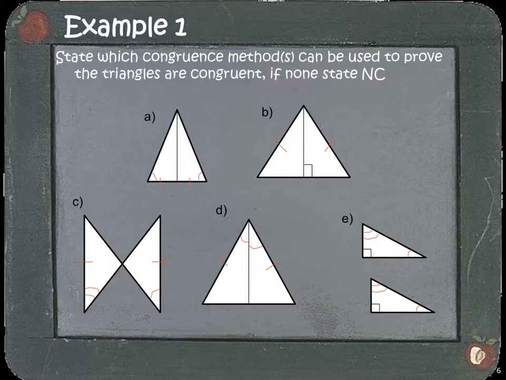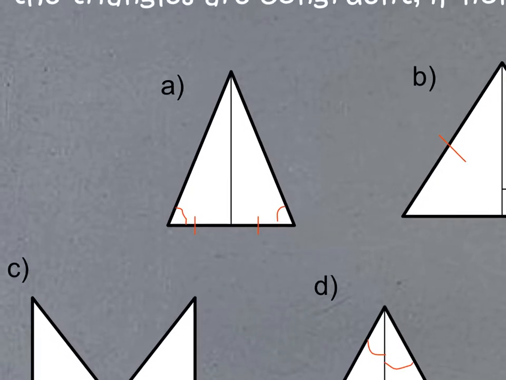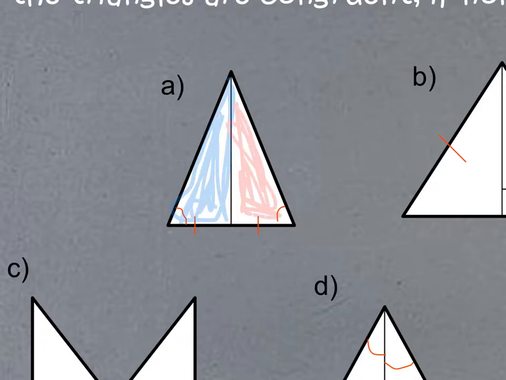Try examples. So in my first example, can I prove that these two triangles, and what I'm referring to is this one right here, and this one over here. Do I have enough information in my picture to show that that red triangle is congruent to the blue one?